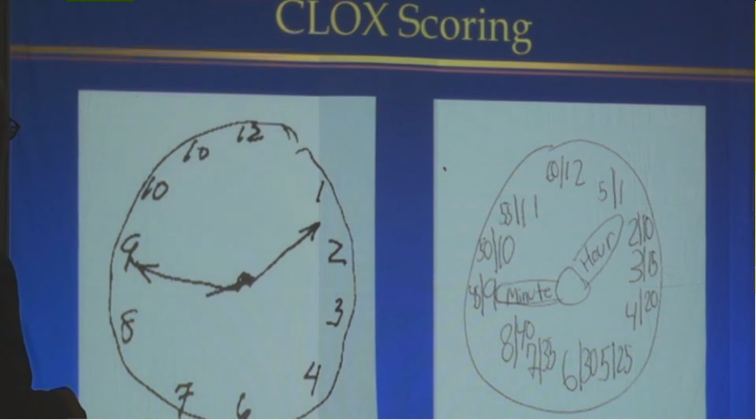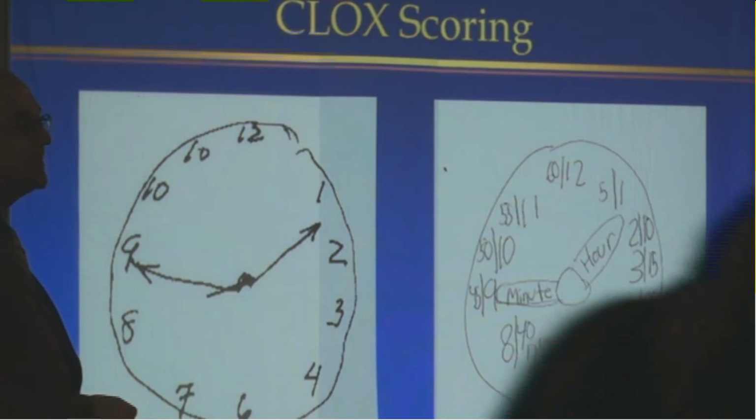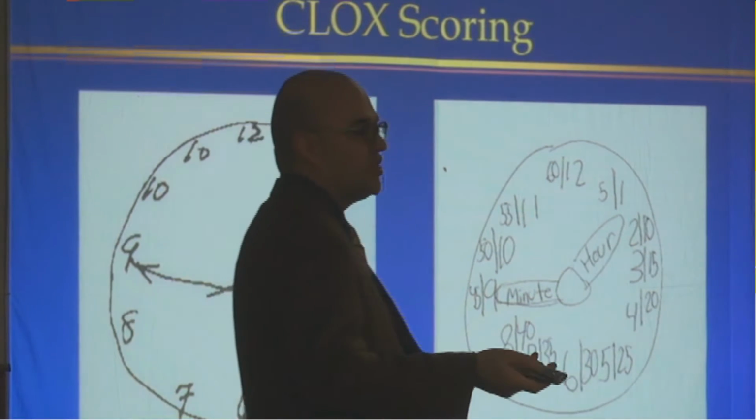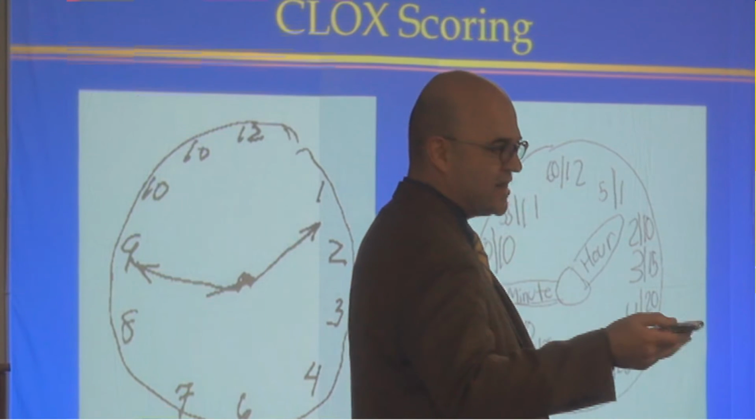The one on the right, is that a fail? Yeah, absolutely. When I saw that, I thought, the instructions said to make it easy for a child to read. That's abnormal. That's what we call being very concrete. You have stimulus-bound errors.